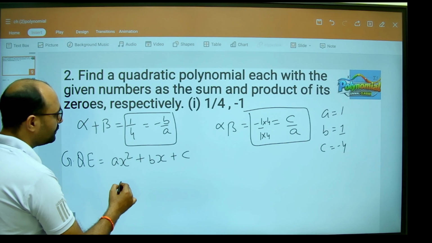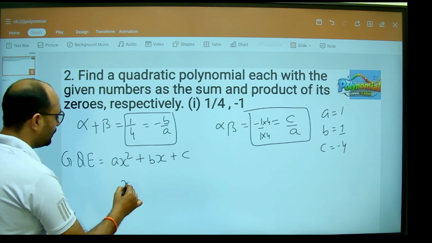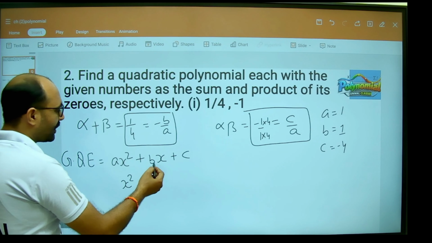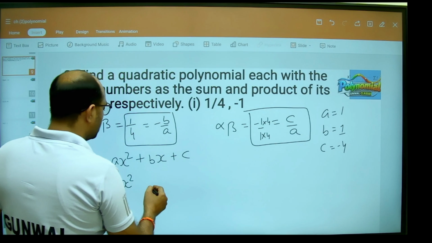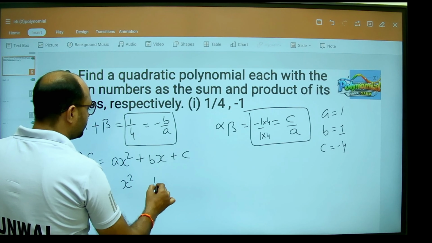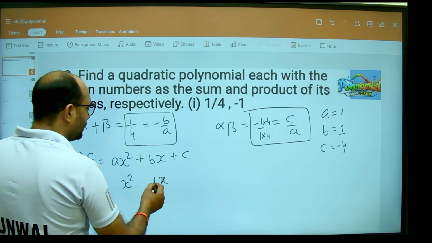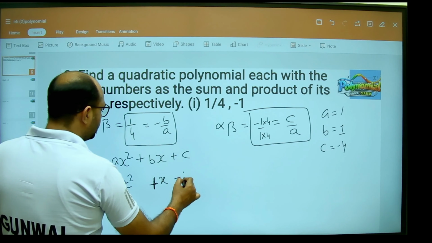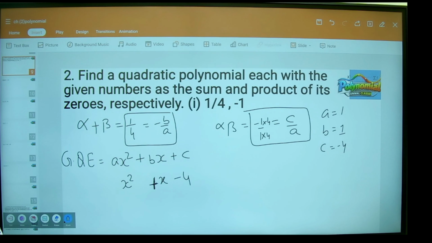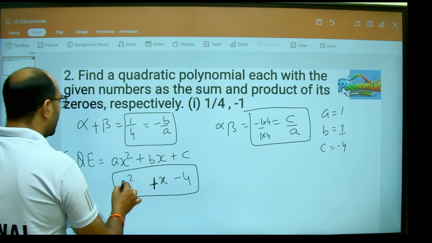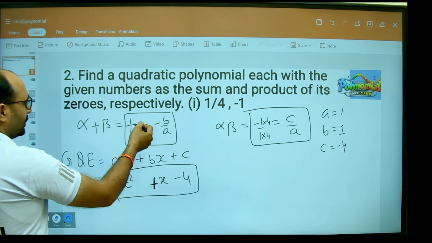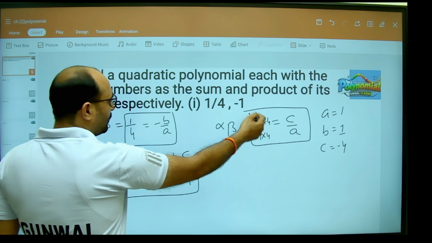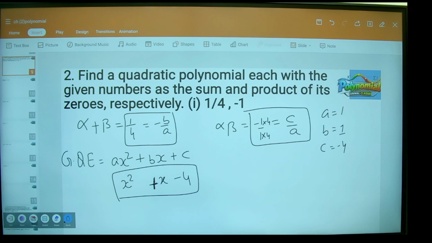A is 1, x square, no need to write 1. bx, no need to write 1 even here. c minus 4. So this will be a quadratic equation whose sum of zeros is 1 by 4, product of zeros is minus 1. Note down fast.